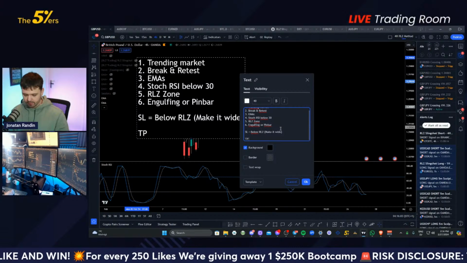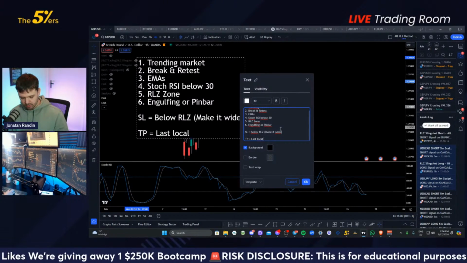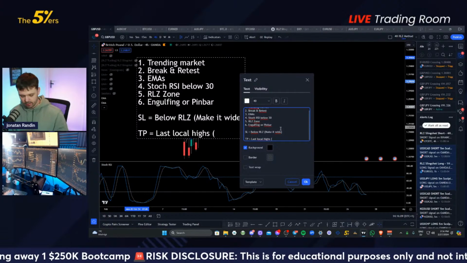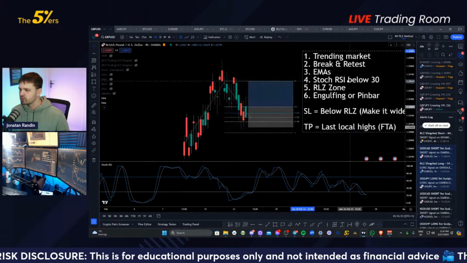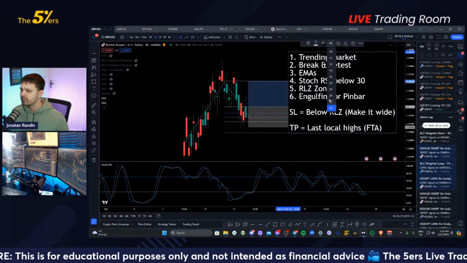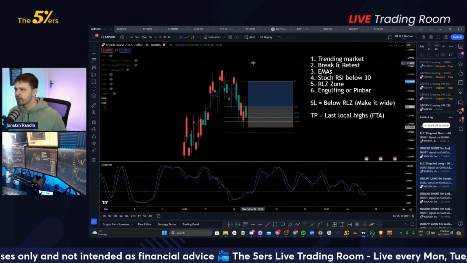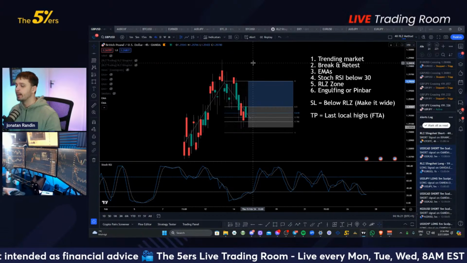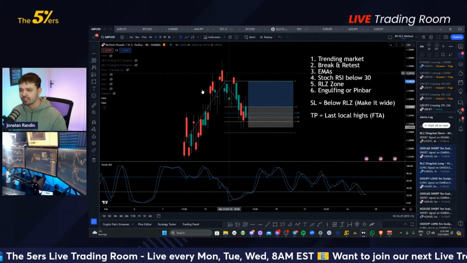And TP, we can do last local highs, and then FTA. FTA means the first trouble area. And what that means is basically it's the first area where we expect price to run into resistance, the first trouble area or the last local highs.